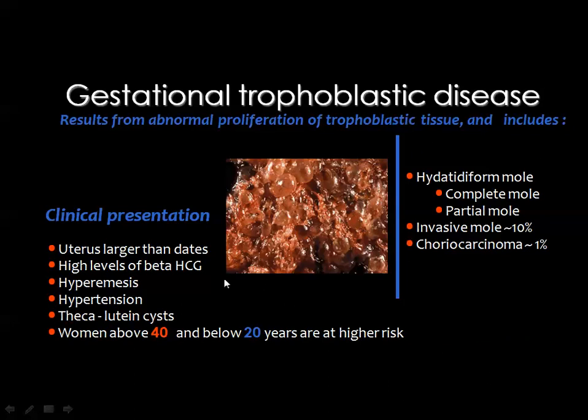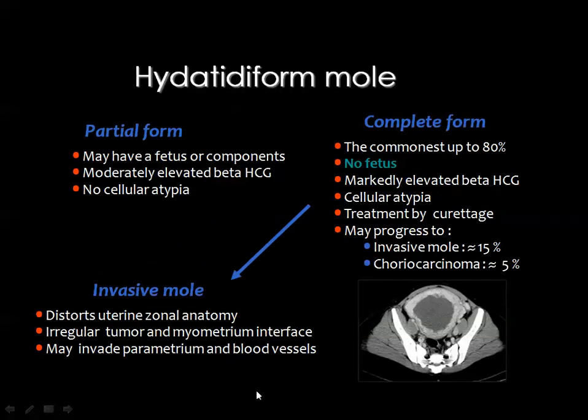The clinical presentation will be enlargement of the uterus and no menstruation, high levels of human chorionic gonadotrophin, hyperemesis, and hypertension, and both ovaries being overstimulated will show multiple sizable bilateral cystic lesions.